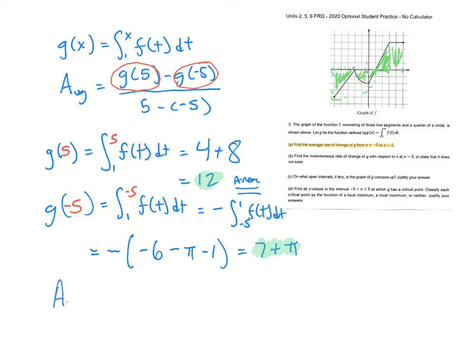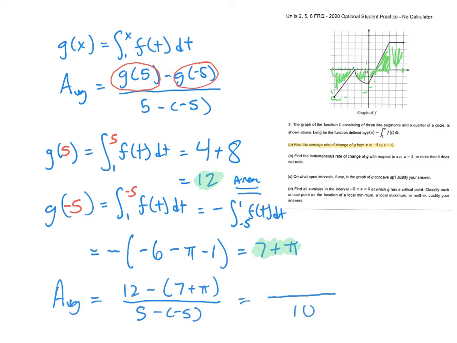Okay, so that average rate of change is g of 5, which is 12, minus g of negative 5, which is 7 plus pi, over 5 minus negative 5. The denominator, I hope you can see that's a 10. And then if we simplify the numerator, we're going to have 12 minus 7, which is 5, and then minus pi. And that's about as good as it's going to get for that value.